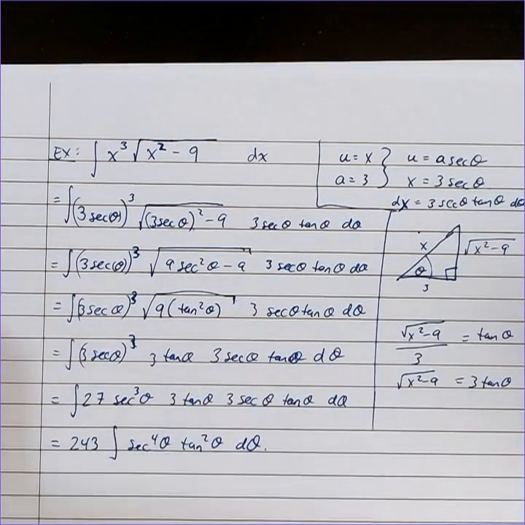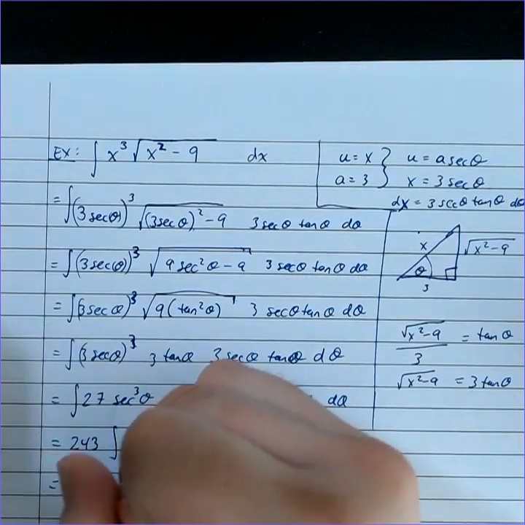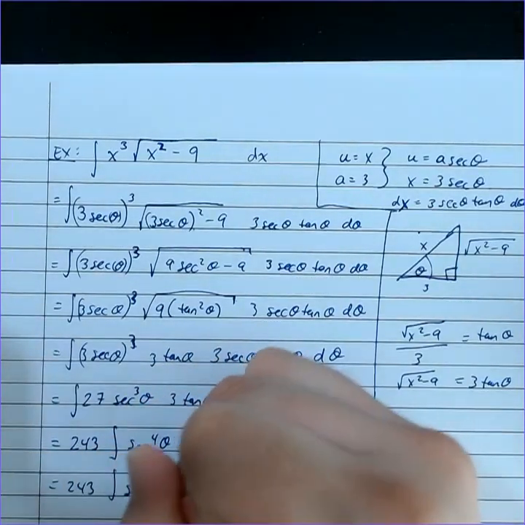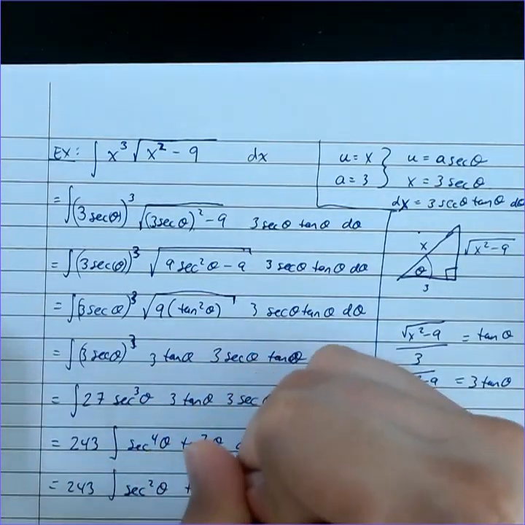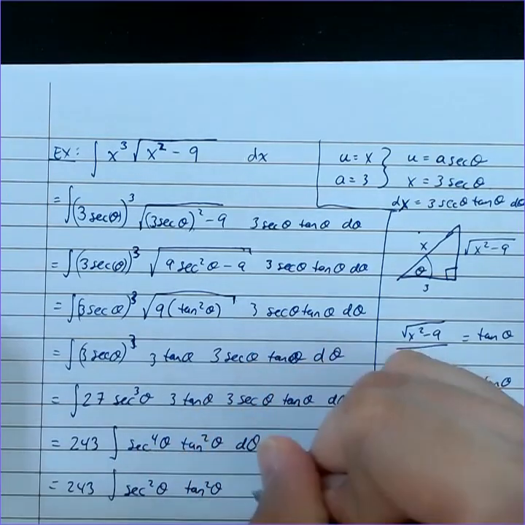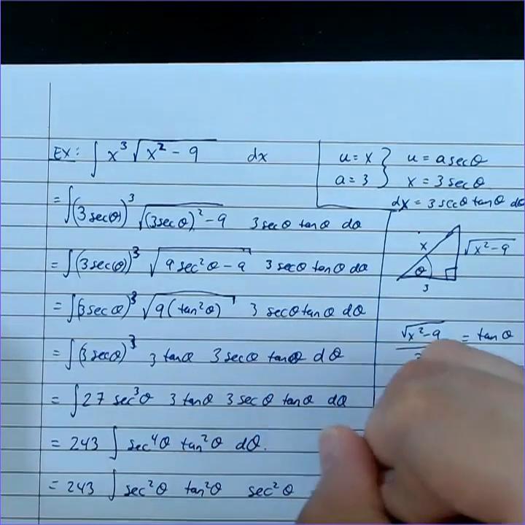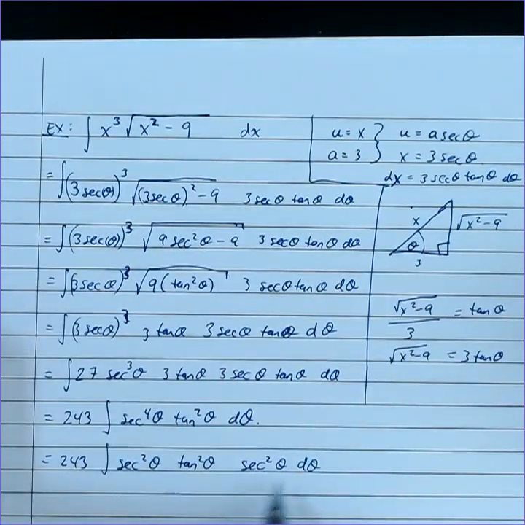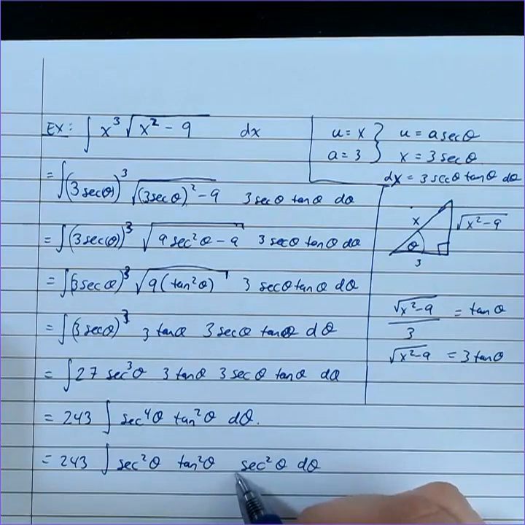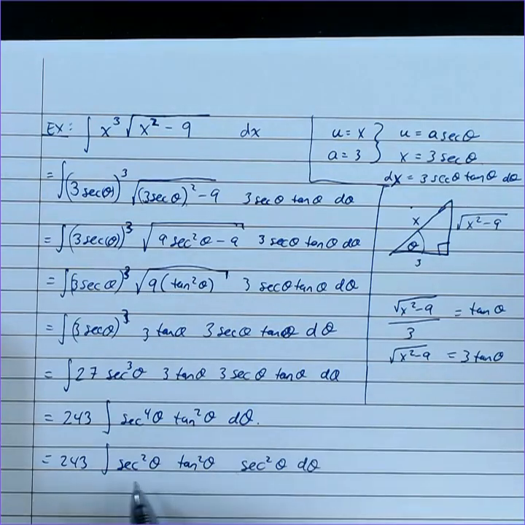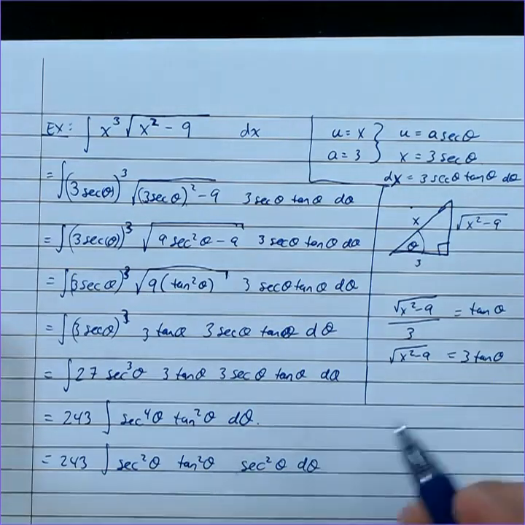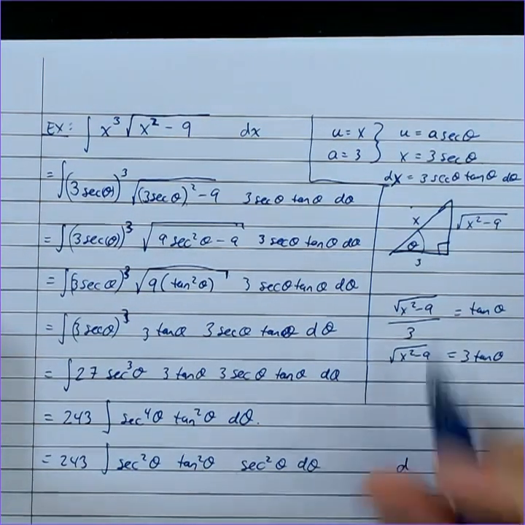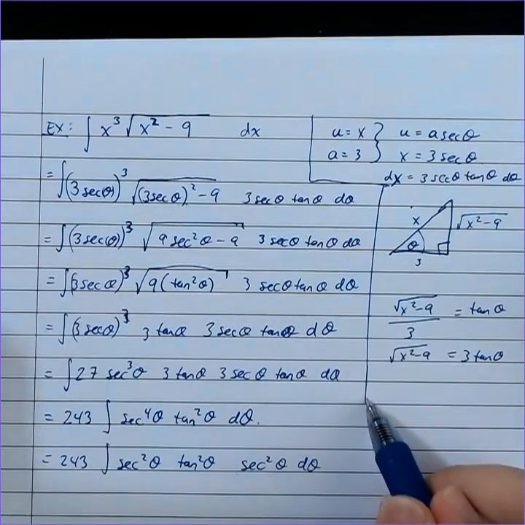Notice you have an even power of secant. So we can write this as 243 integral of secant squared of theta, tangent squared of theta, secant squared of theta d theta. And now, as we saw in one of the cases in our previous section, we're going to save this as our differential. And so we want to write everything else in terms of tangent. Because after all, here we're going to take d, I'm not going to use u again because we already used u for something.